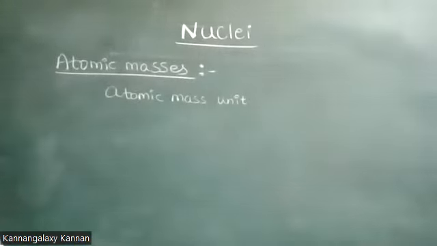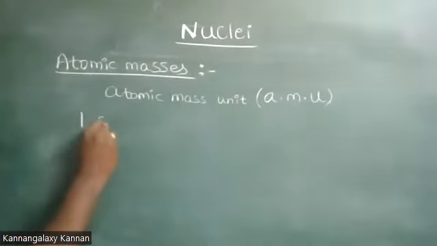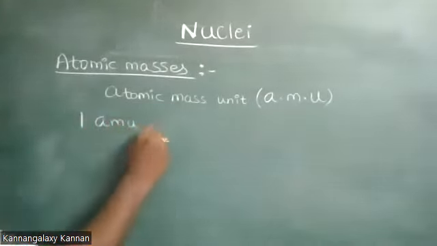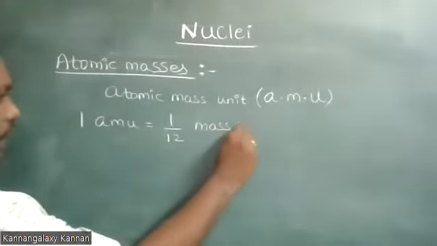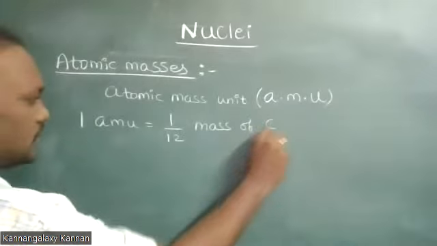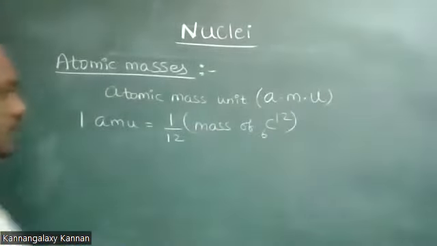Within brackets you put AMU. AMU is called atomic mass unit. So what is 1 AMU? 1 AMU is 1/12 of the mass of carbon-12. This is the value of 1 atomic mass unit.